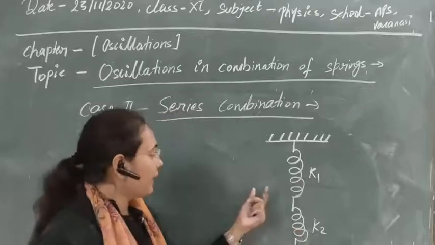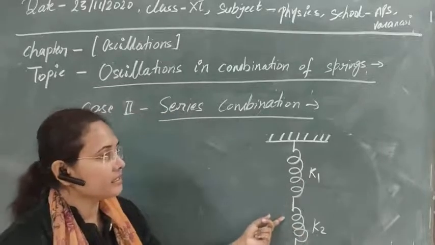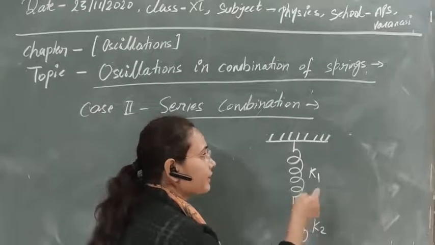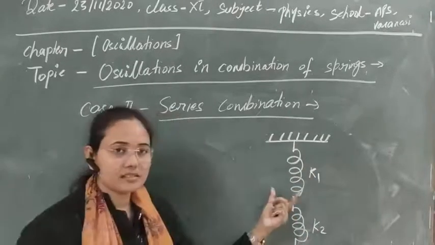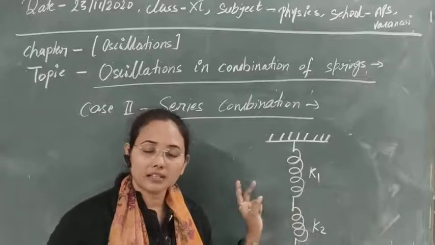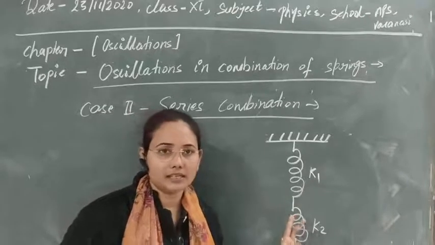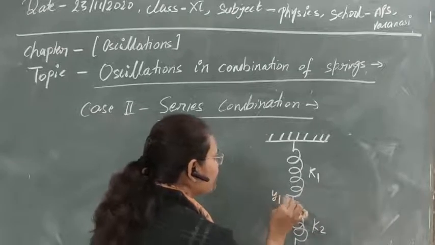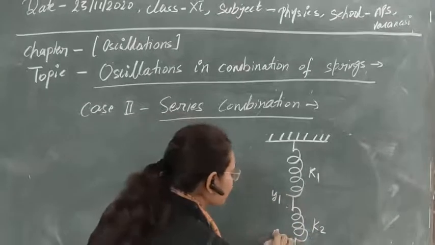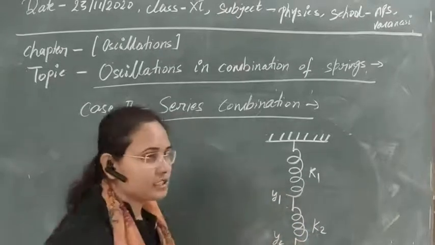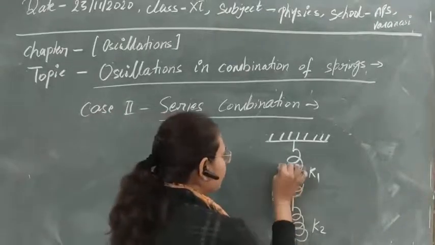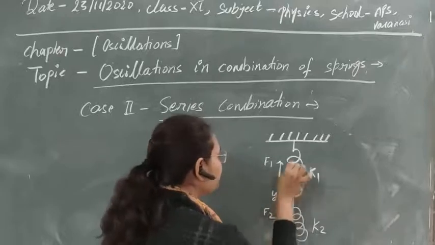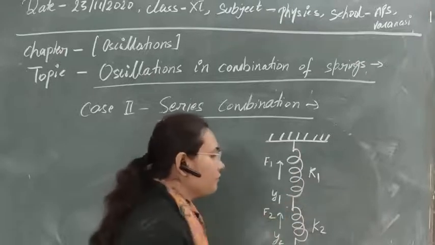As they are just joined in series, the extension in this spring will be somewhat greater than in that one. So the extension will be different, not the same. Suppose in this spring an extension y1 is produced, in this spring an extension y2 is produced, and suppose F1 is the restoring force in this case and F2 is the restoring force in this case.